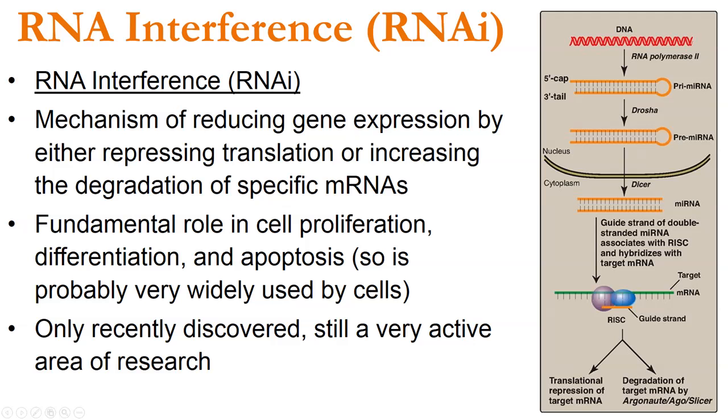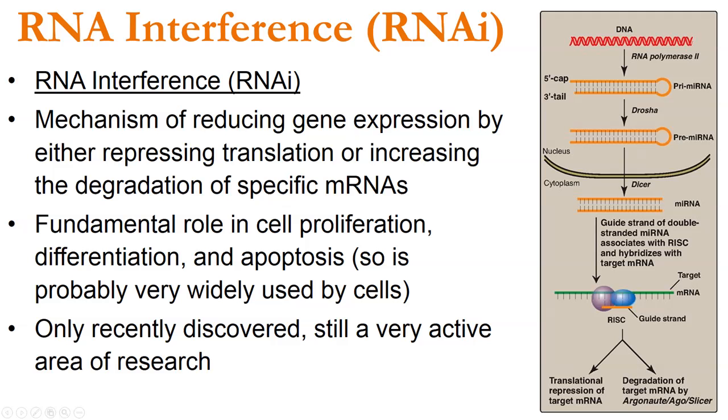So RNA interference. This is a mechanism of reducing gene expression, but we're not talking about it at the transcriptional level, okay? By either repressing translation, so it can actually physically block translation, or more commonly, increasing the degradation of specific messenger RNAs.